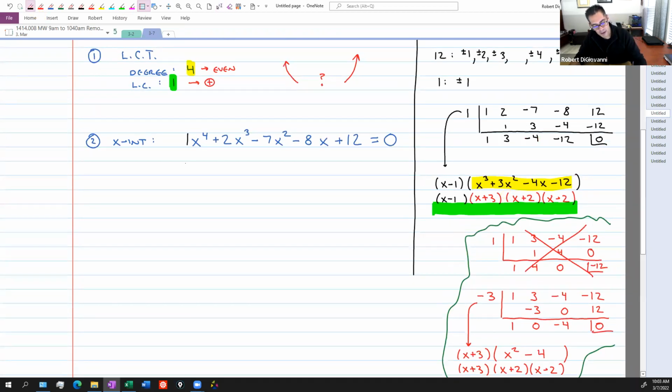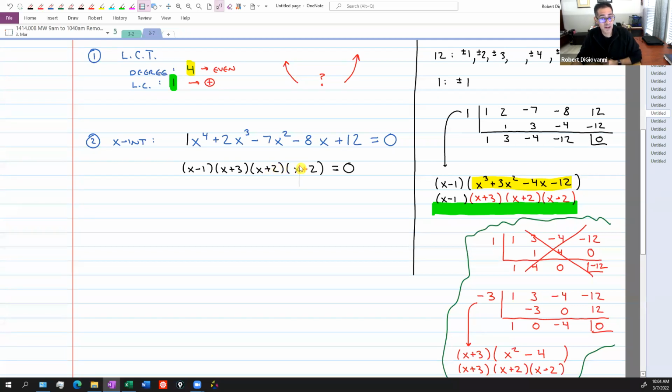So I'm going to come back over here and I'm going to say x minus 1 times x plus 3 times x plus 2 times x minus 2 equals 0. And also, I'm just doing a quick check to make sure none of these are the same. Let's just say, for example, that this one, I'll do it in red, was an x plus 2 as well.